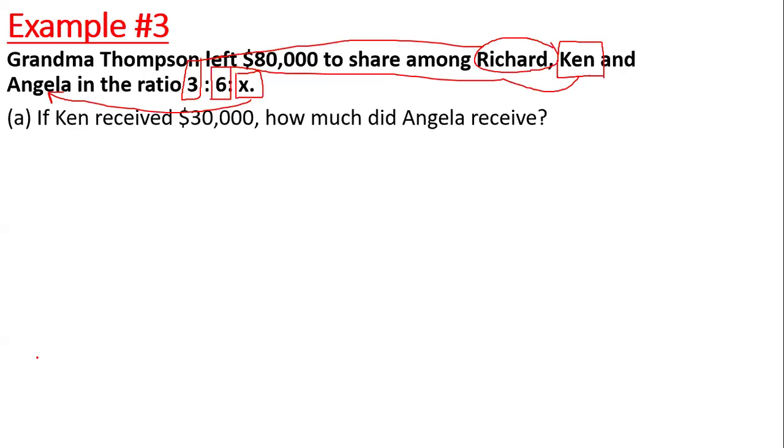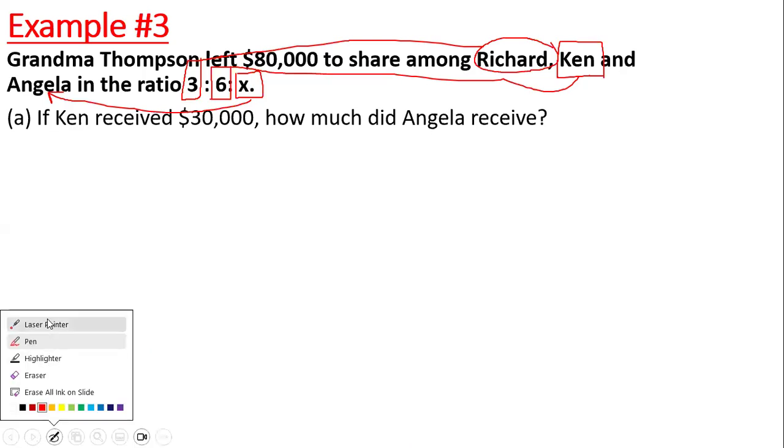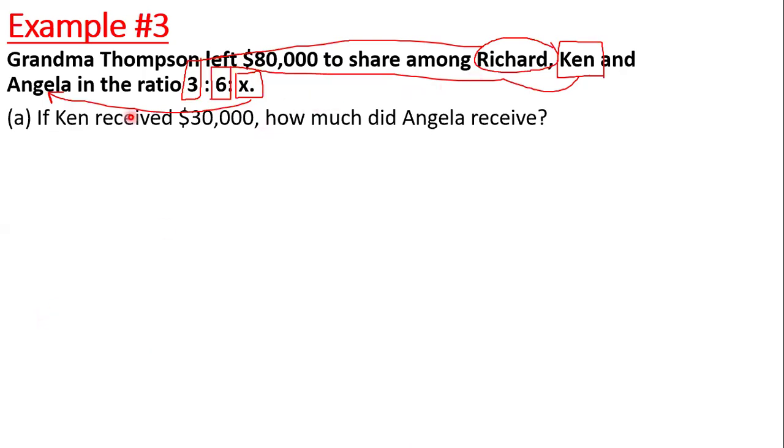Angela couldn't get the most because Richard is 6. No, Ken is 6, and Richard is only 3. No, I don't think Angela will get the most. We don't know yet, but we'll see.